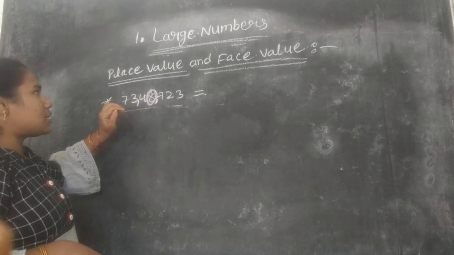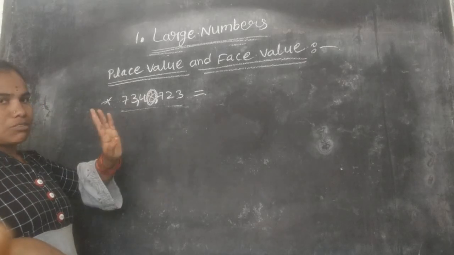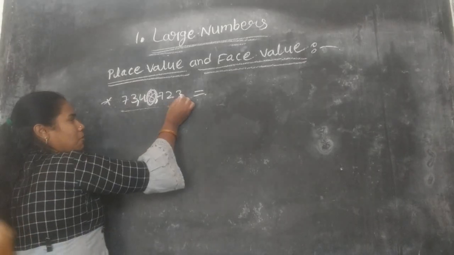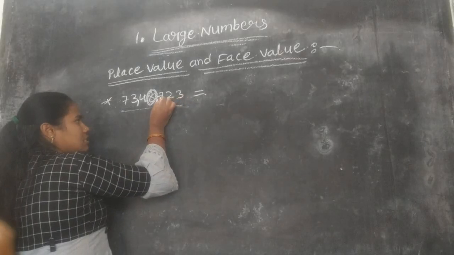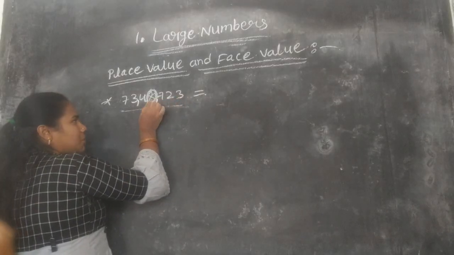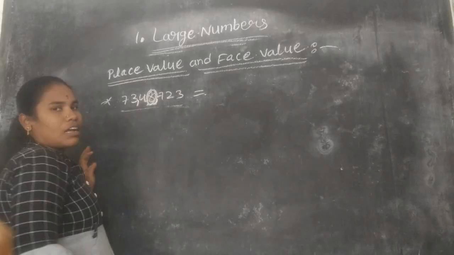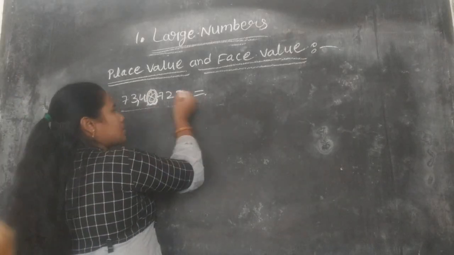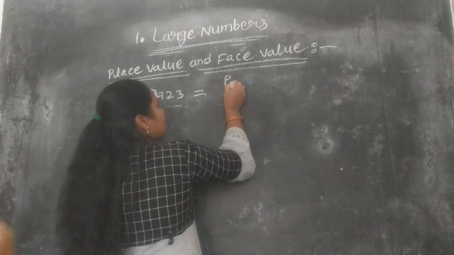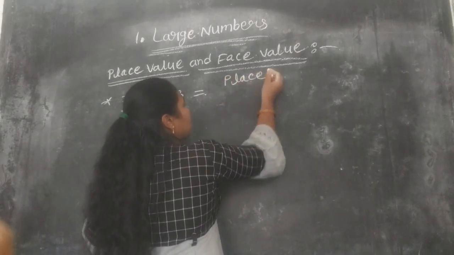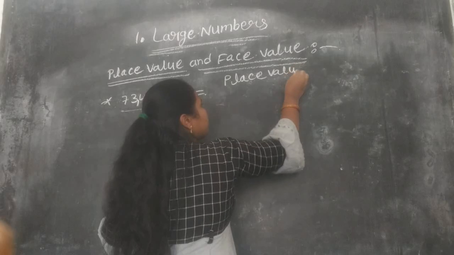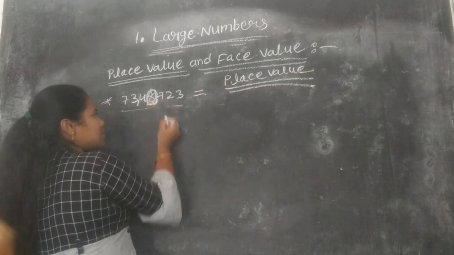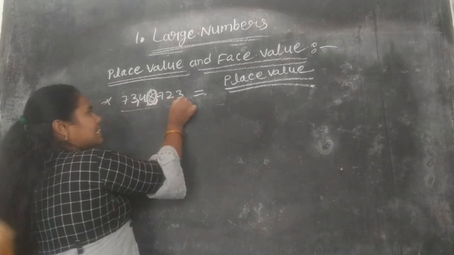How to write the place value and face value? Already we know the place values: ones, tens, hundreds, thousands. So 8 is in the thousands place. The place value is 8,000.